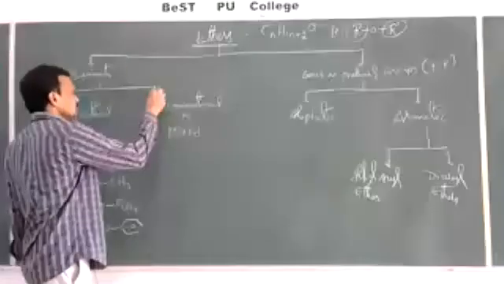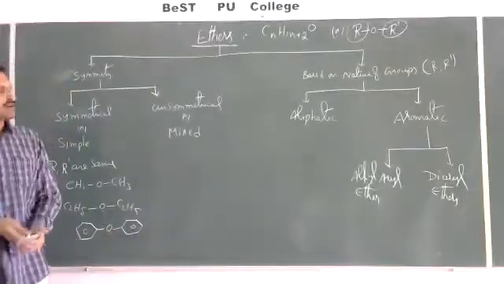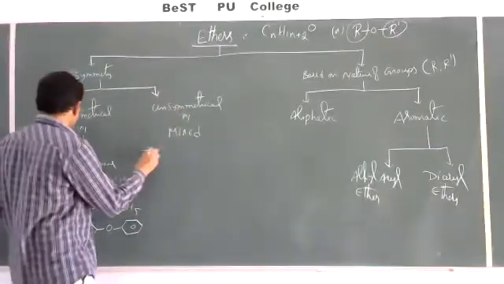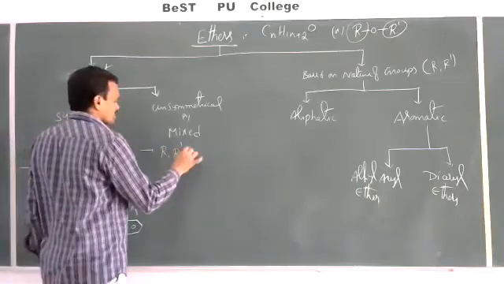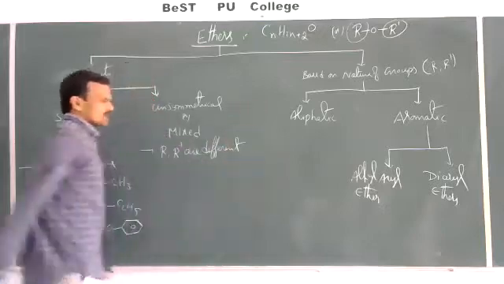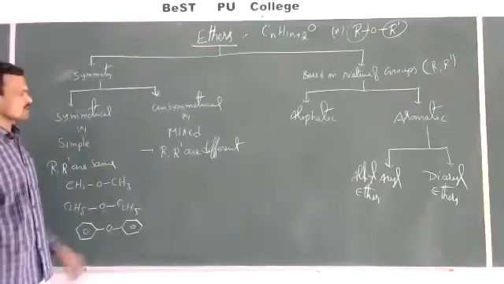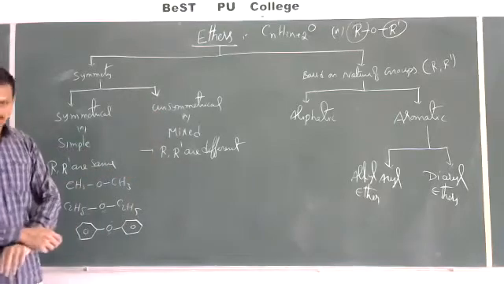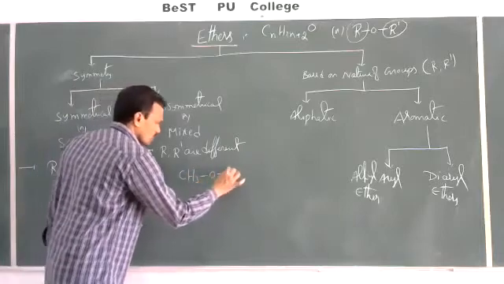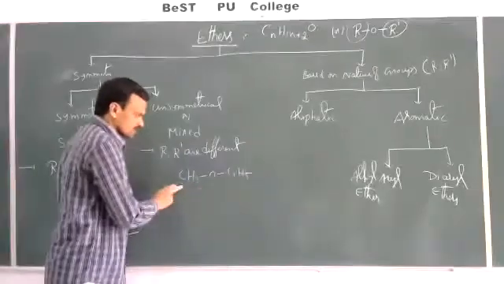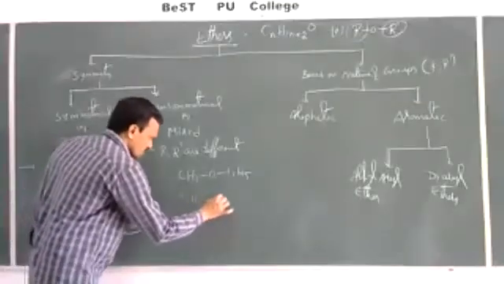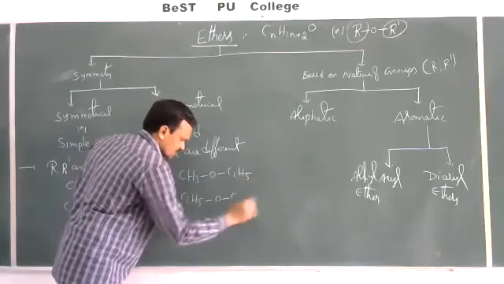Then, what are unsymmetrical ethers or mixed ethers? The two groups attached to oxygen are different. That is, R and R dash are different. If R and R dash are different, then it is called a mixed ether. Let us see what those mixed ethers are. CH3OC2H5: one is a methyl group, one is an ethyl group. Otherwise, C2H5OC3H7.